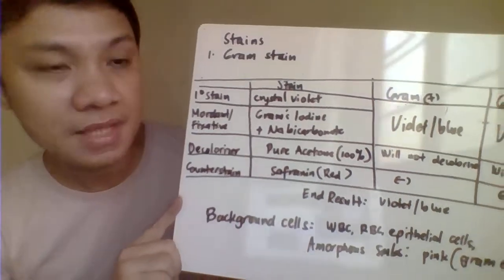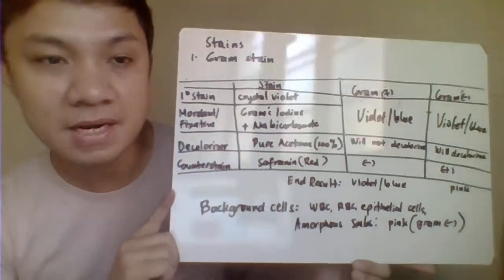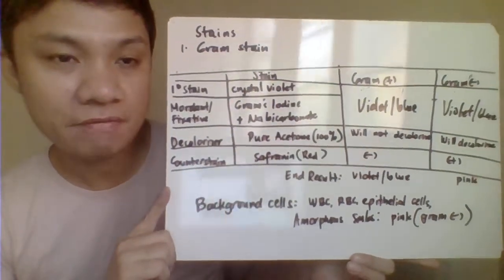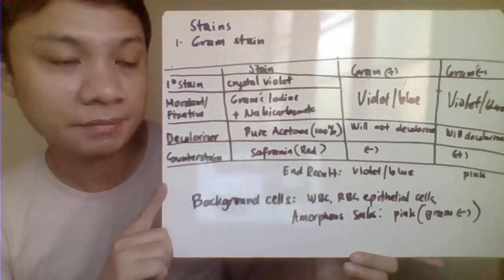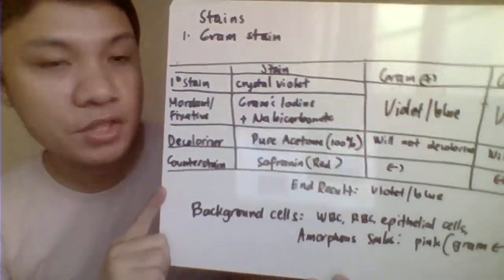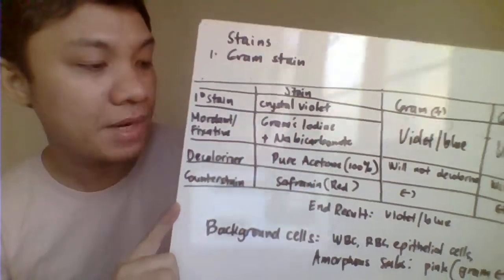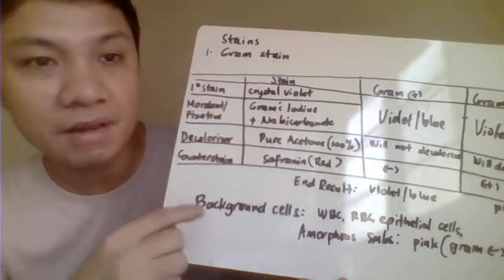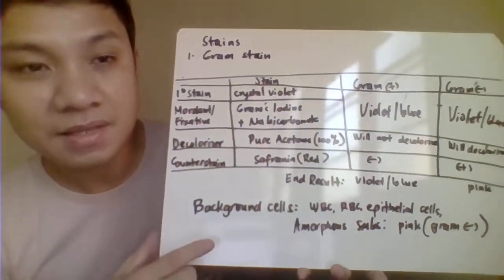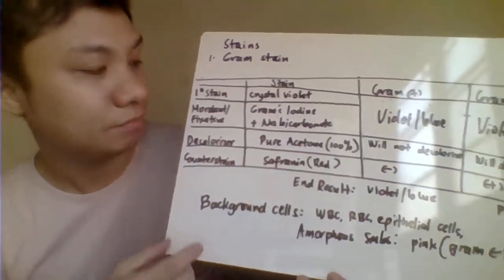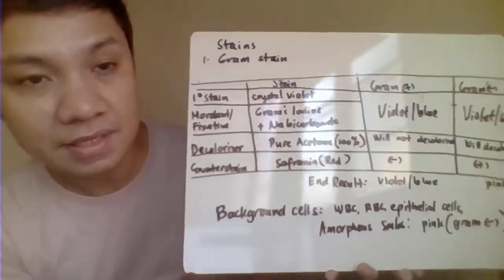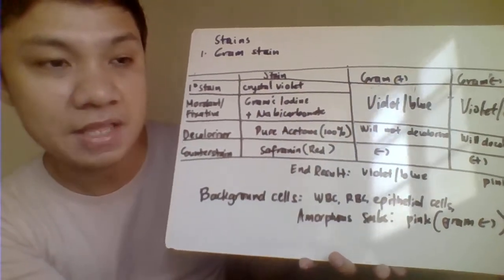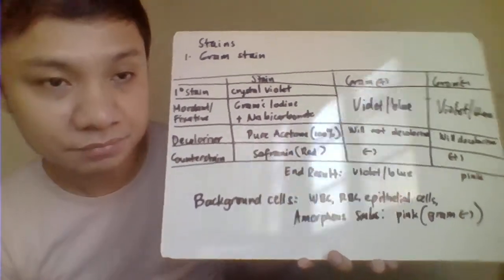The Gram stain would differentiate your bacteria as gram positive or gram negative depending on their staining pattern. We have here the stains used for the Gram stain. The primary stain that we use is crystal violet. From the word itself, the color is violet. Your mordant or fixative is Gram's iodine plus sodium bicarbonate.